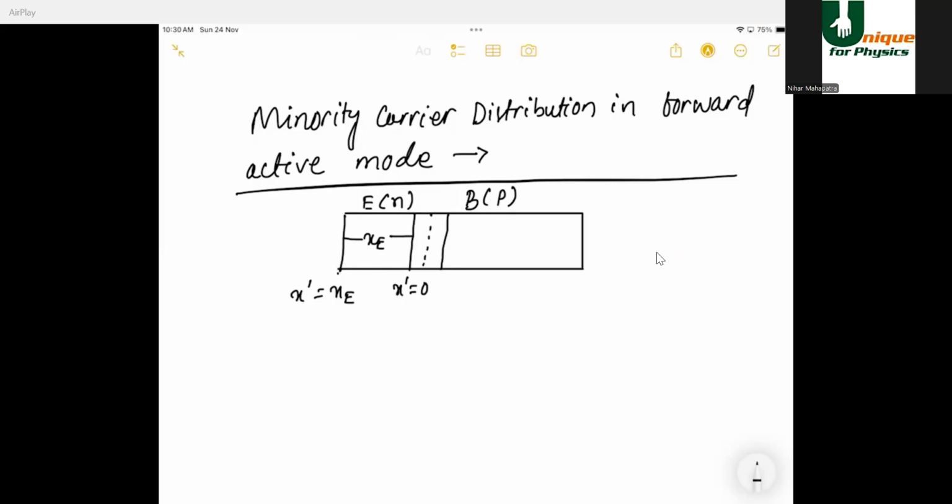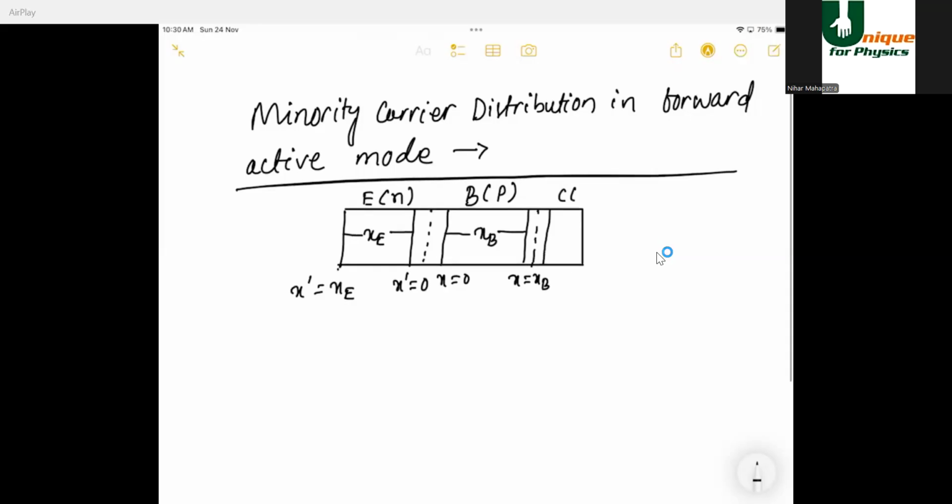And then we have XB, which is the neutral base width region. Let us give a scale for this: X is equal to 0 to X is equal to XB. Then we have another region, the collector region, C, which is an N region, and the neutral collector width we will take as XC.